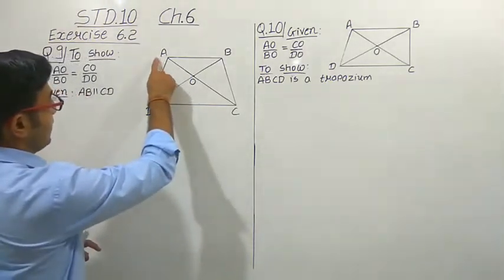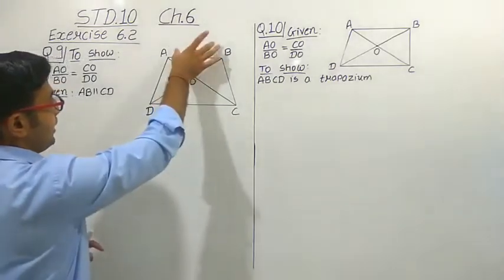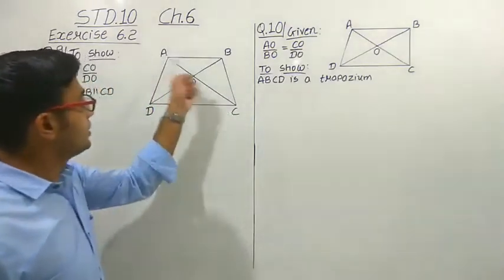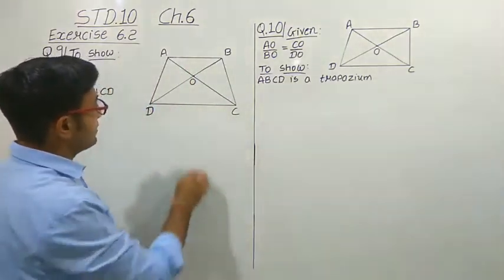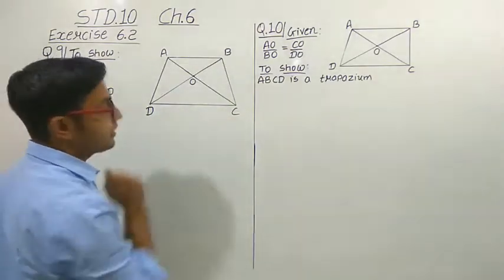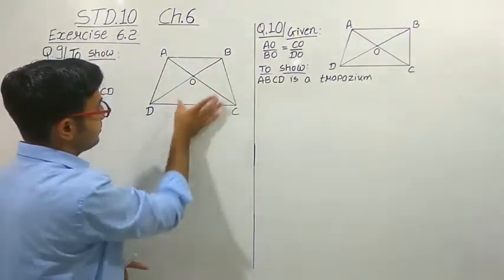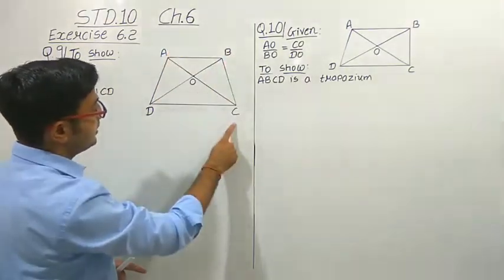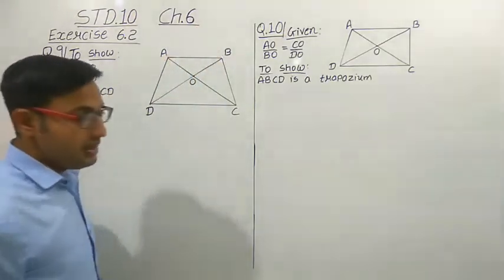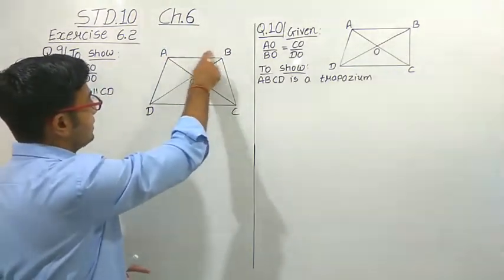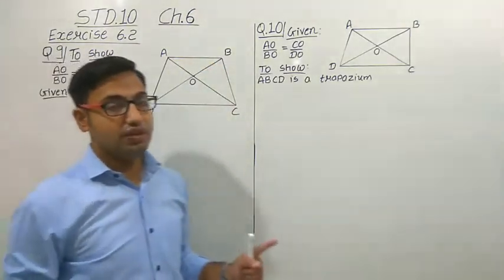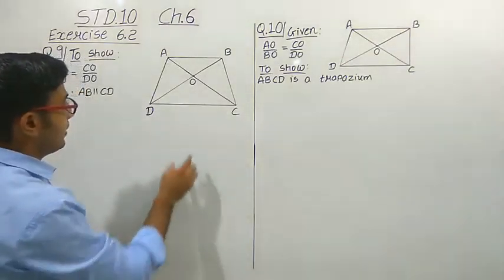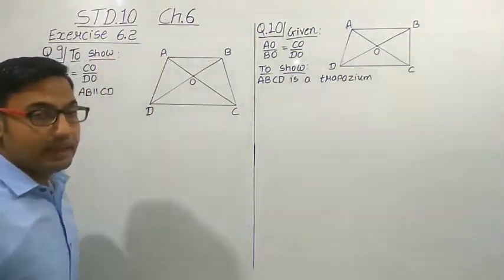Or if we consider triangle ADB with AB as the base, we require a line parallel to AB. Similarly for triangle BDC with base DC, and triangle ABC with base AB. In short, we have to make a construction here, which must be either parallel to DC or parallel to AB.